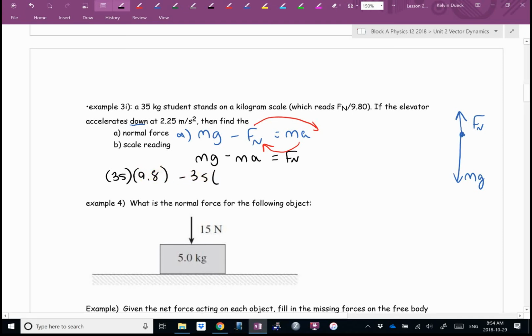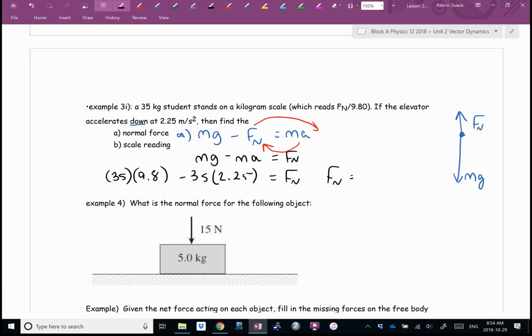Minus 35 times, what's a? Down at 2.25. I got the down taken care of in my winner minus loser shtick. Okay. That equals the normal force. How big is the normal force? Get your calculators out and crunch the numbers.